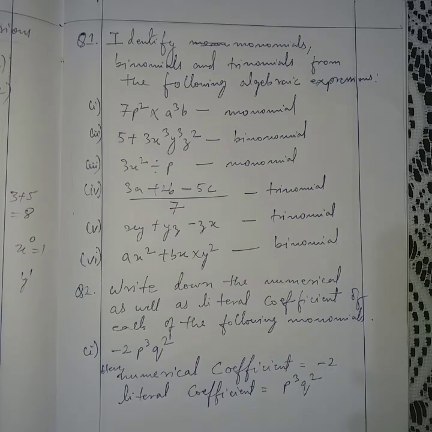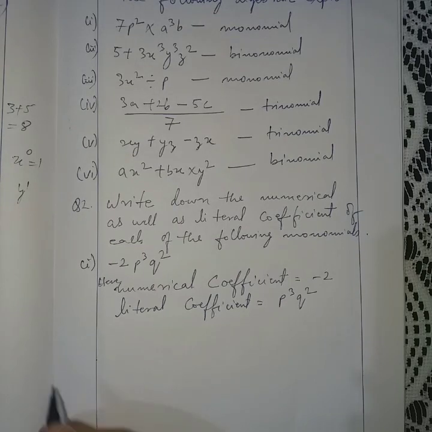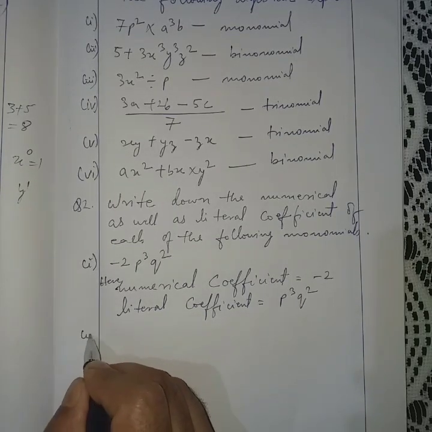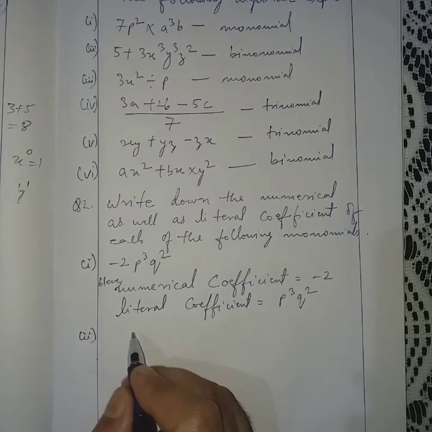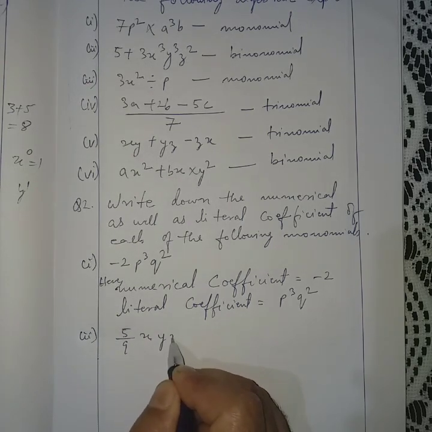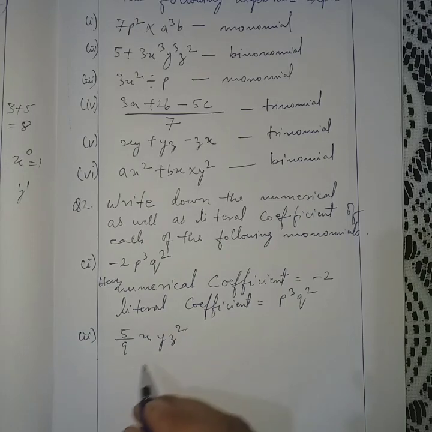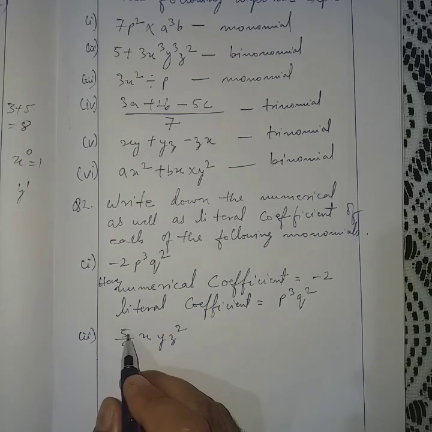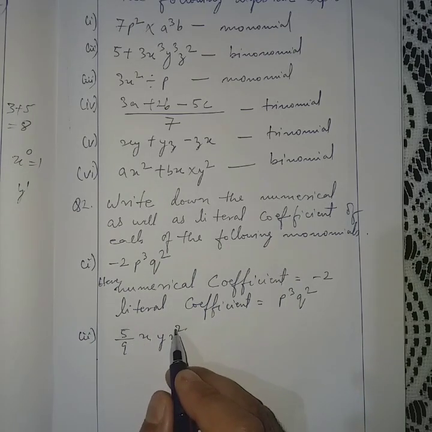Okay, so now next is question number 2, 5 by 9 xyz square. So now you have understood this is the numerical coefficient and this is the literal coefficient.